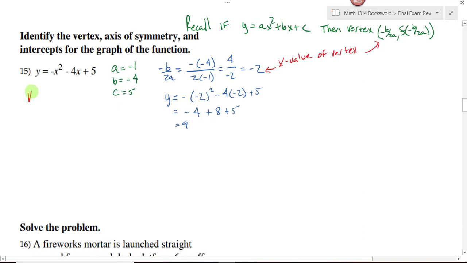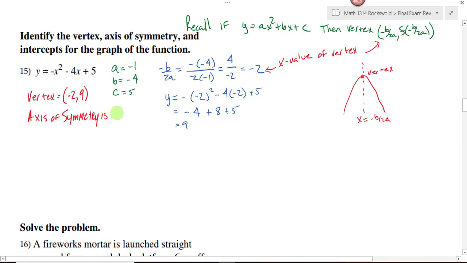My vertex then is equal to the point (-2, 9). When you're graphing a parabola, and this one would open down by the way, the axis of symmetry is the vertical line passing through the vertex. The equation of that line is the x value of the vertex. So my axis of symmetry is the equation x equals negative 2.